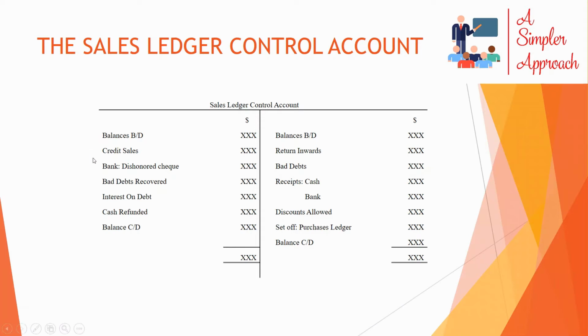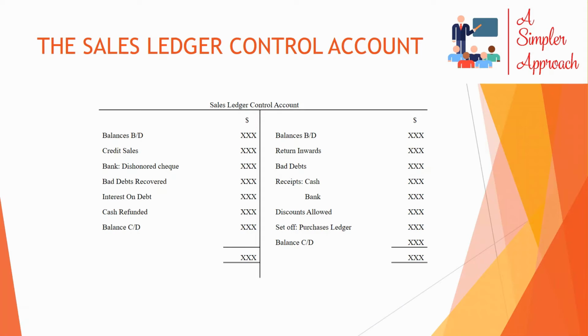Now look and see, where is this information? It is on the debit side, is it not? Yes, it is. So you see, what you are looking at here only affects the debtor. So in the debtor's T account, credit sales is debited.